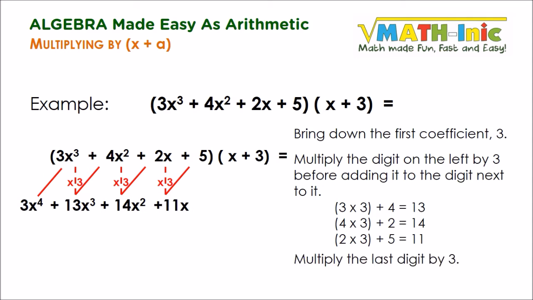Then we multiply the last digit by 3. 5 times 3 is equal to 15. 3x cubed plus 4x squared plus 2x plus 5 times x plus 3 is equal to 3x to the 4th plus 13x cubed plus 14x squared plus 11x plus 15.